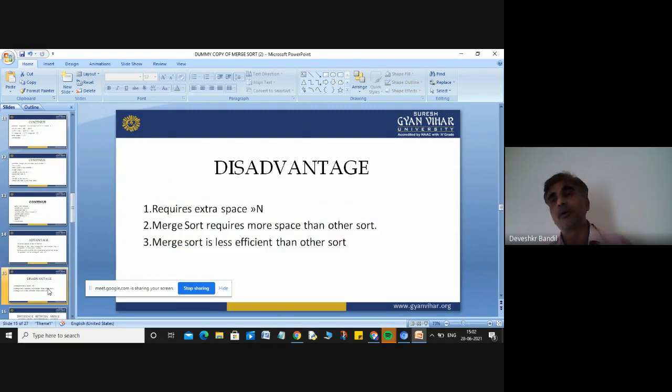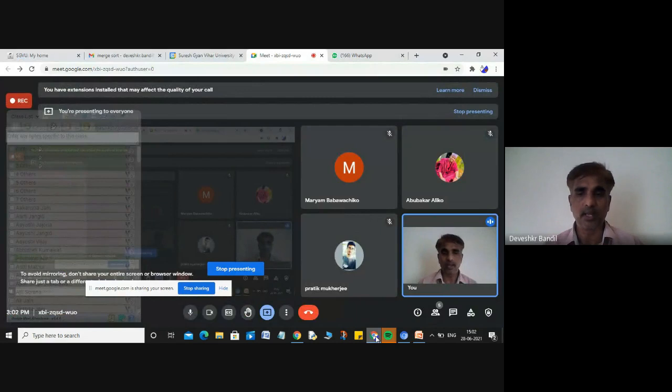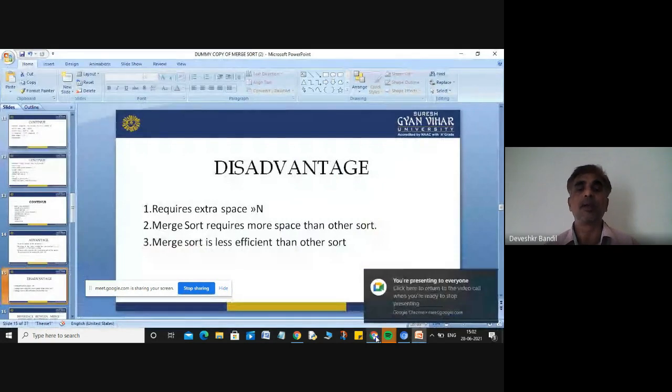And if we talk about the disadvantages of this algorithm, the first disadvantage is that it requires extra space. If you want to apply the merge sort algorithm, you require extra space. And second is that merge sort requires more space than the other sorts. Okay.